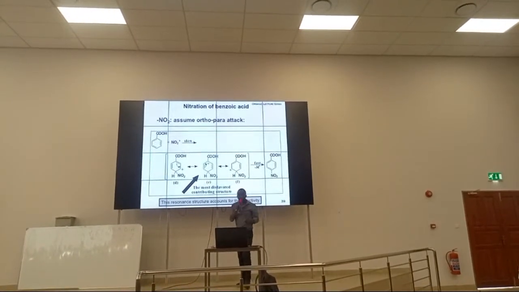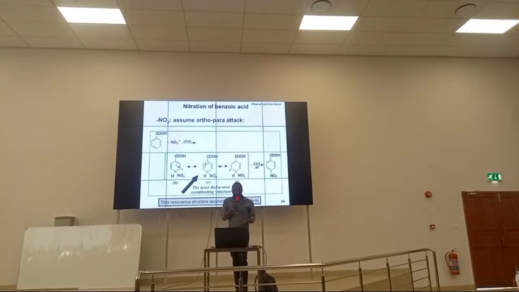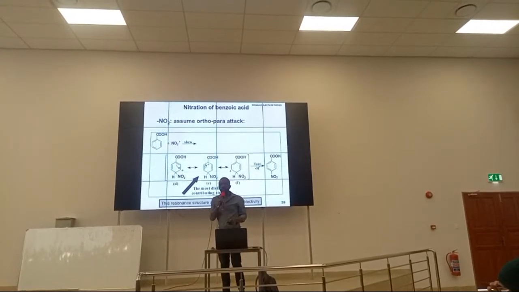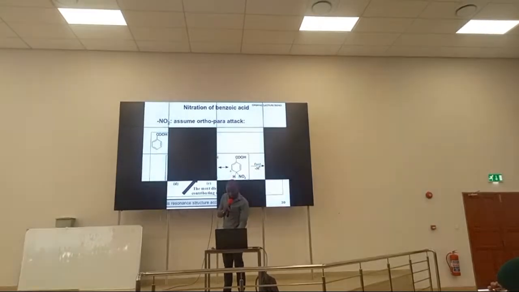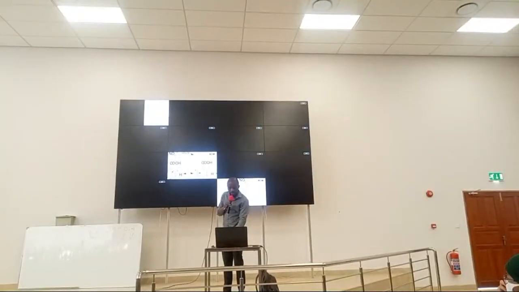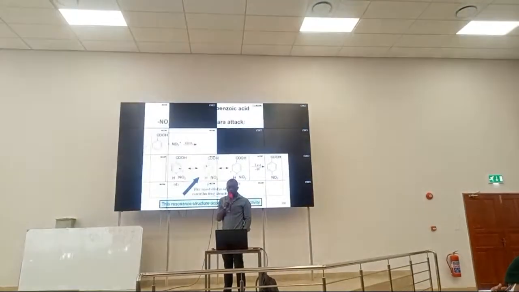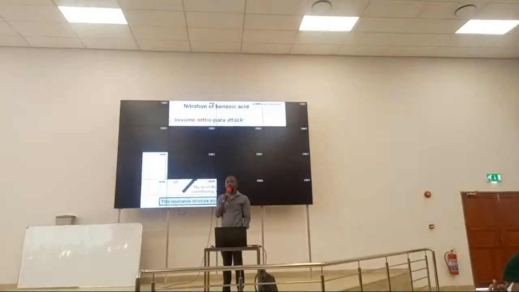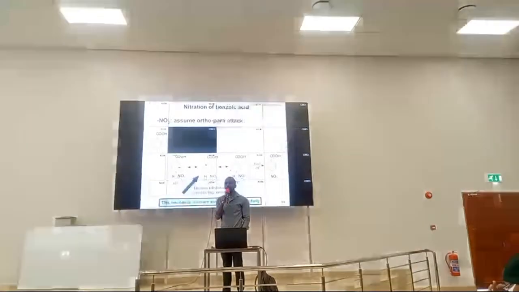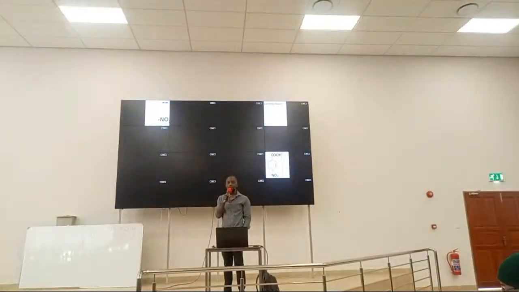You can also try to do the attack. I've not shown that, I think. You can go and try to show what set of resonance structures would arise if attack was to occur at the ortho position.